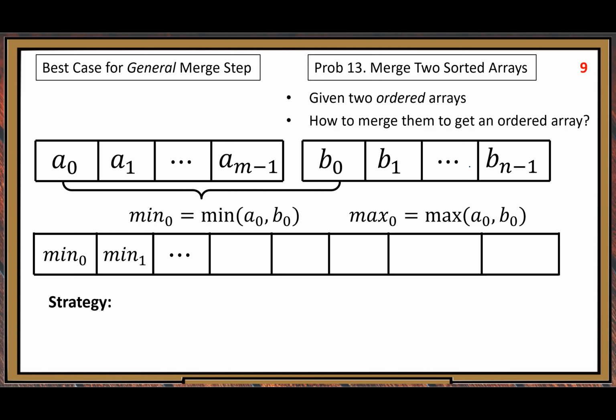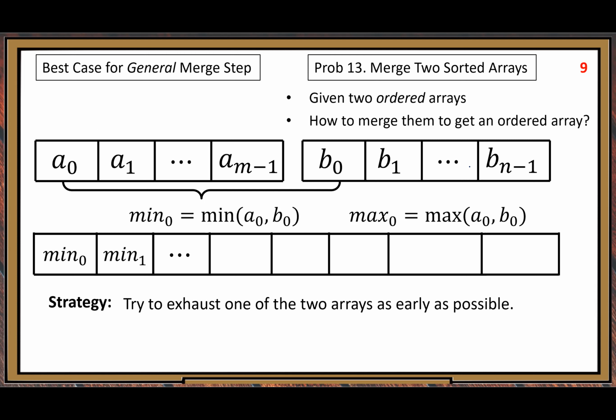Okay? Yeah. So here, the strategy, try to exhaust one of the two subarrays as early as possible. How to exhaust? You just imagine the minimum of one subarray beats all the elements of the other subarray. When that happens, you exhaust all the elements in that subarray as early as possible.